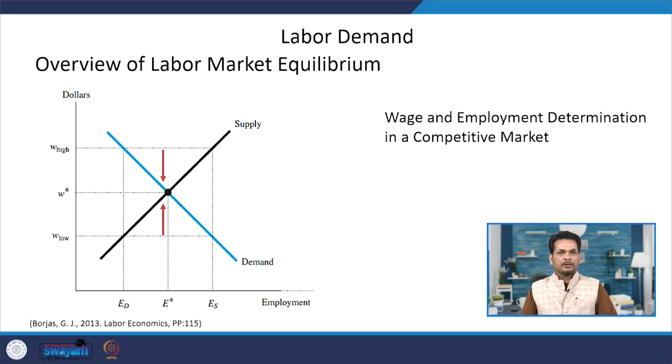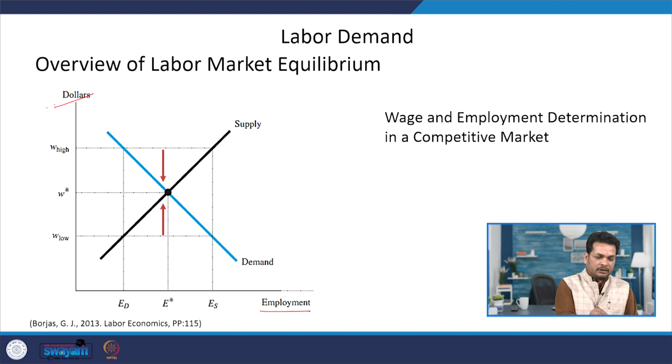If you look at this graph, on the x axis we have taken the number of employment, on the y axis we have taken the wage measured in dollars. We have considered the supply curve which is upward sloping, which means the substitution effect is more dominant than the income effect.